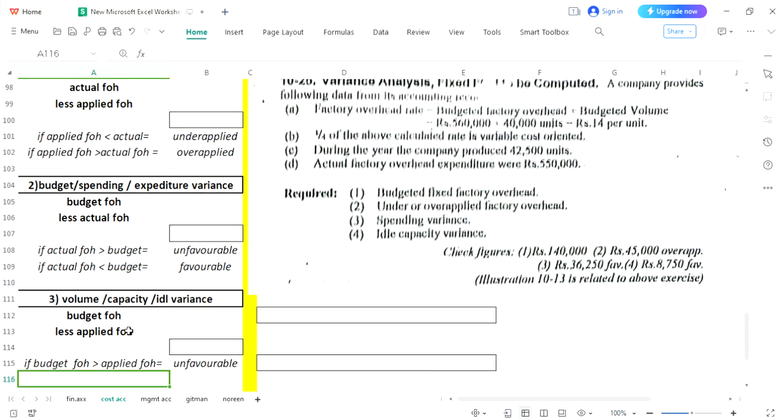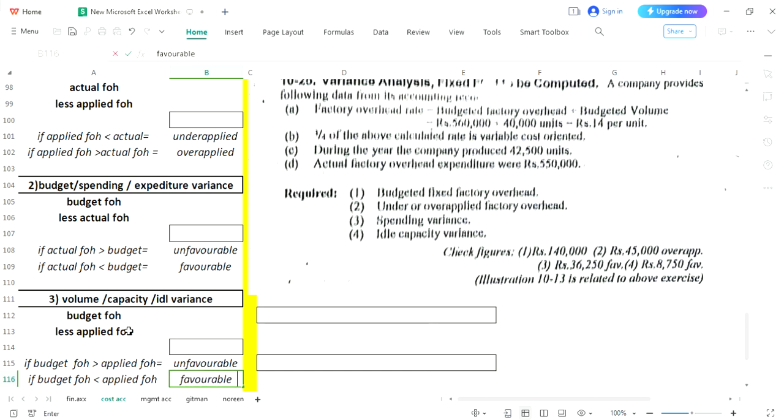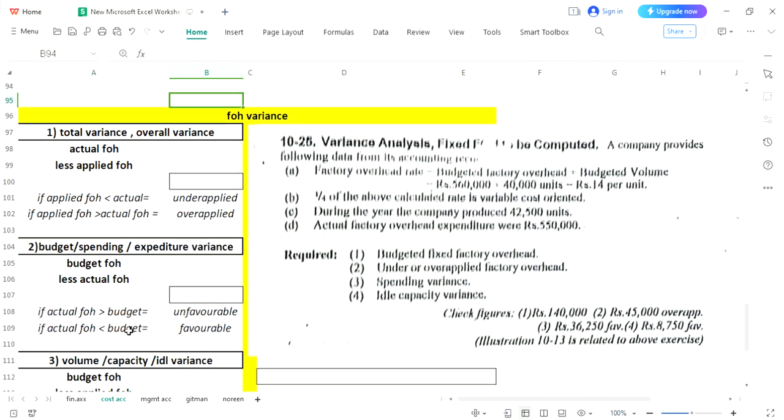And secondly, if budget FH is less than applied, it would go favorable for you. So here you will make the variances. What I wanted to say is that the same format we used for the solution of the first question, the same solution, same format and same formulas we are using for 10.25 as well.